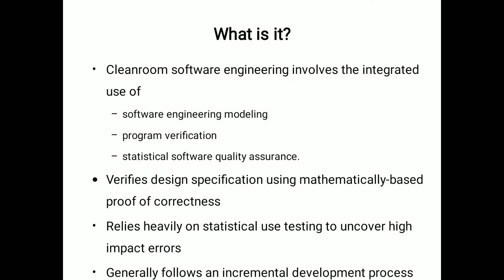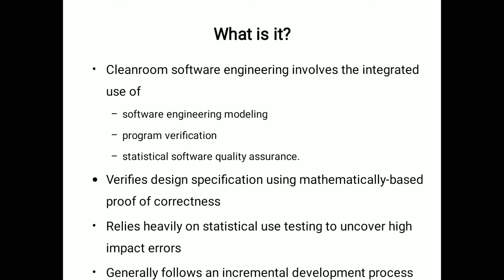What is actually cleanroom software engineering? Cleanroom software engineering involves the integrated use of software engineering modeling, program verification, and statistical software quality assurance. It also specifies design specification using mathematically based proof of correctness.